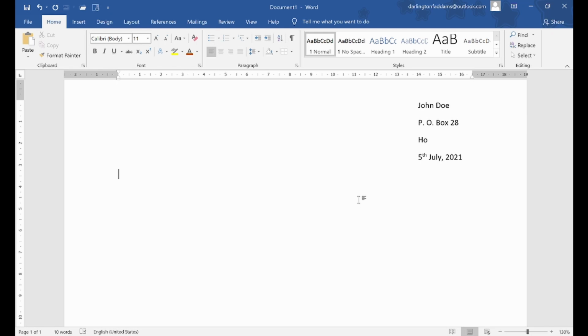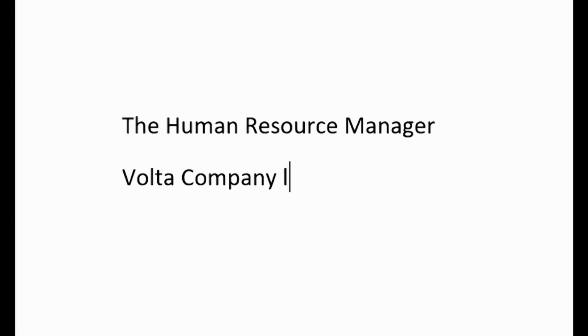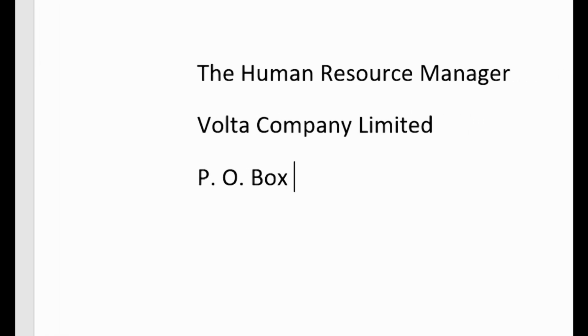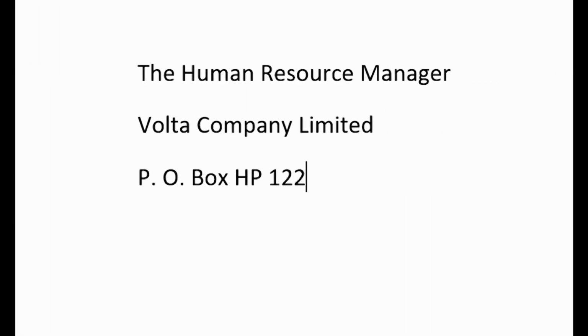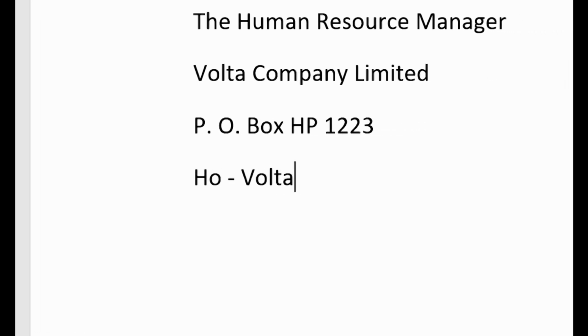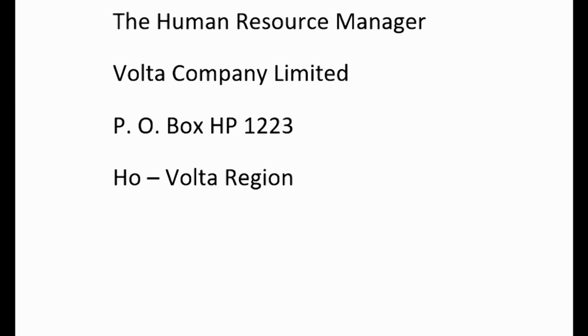So we are writing to Volta Company Limited, but because it's an application letter, we have to address it to the human resource manager, right? So we'll type the human resource manager, Volta Company Limited, PO Box HP 1223 Ho, Volta region. Is it okay?